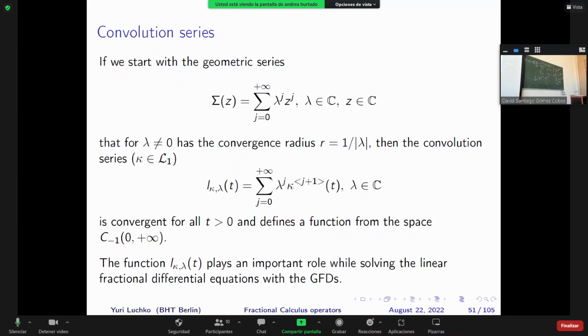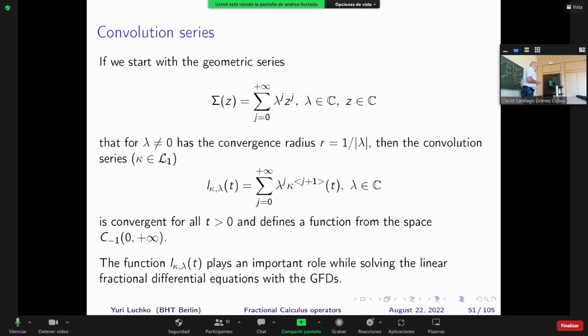And of course, it's not a convergent series. And if we replace this power law function with the convolution, then we get this special convolution series that I denoted with L kappa lambda, and this series is convergent for all t and is a function from the space C minus 1, 0 plus infinity.